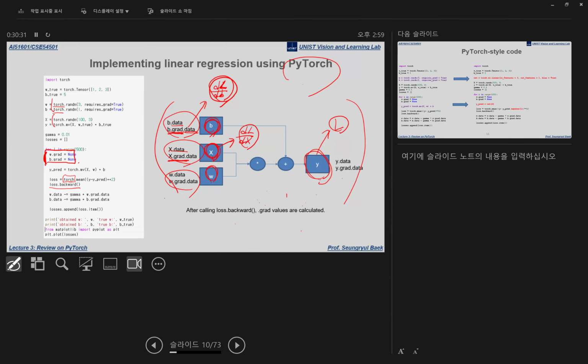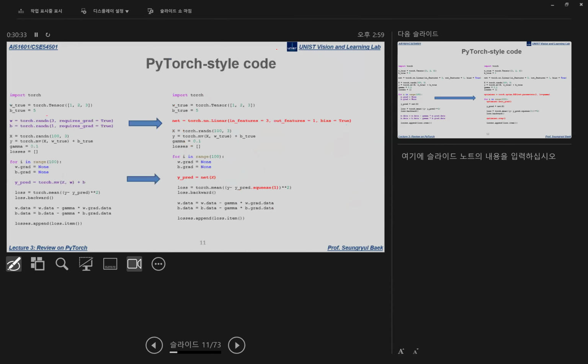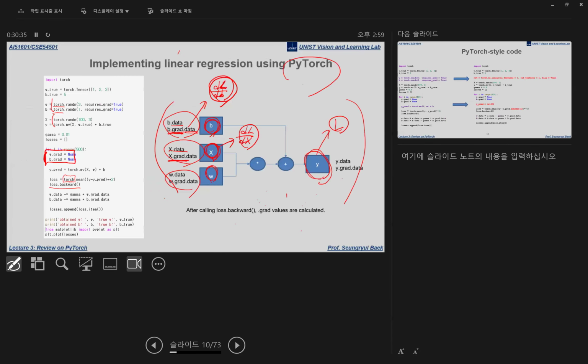It's similar to what you do in the C programming language. You do this type of initialization because the variable A has some garbage value at the initial status, so to use it properly, you have to initialize A to 0, maybe. This is similar to that. So for the parameters to learn, you have to initialize them.